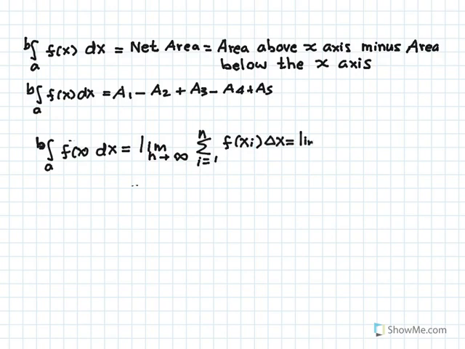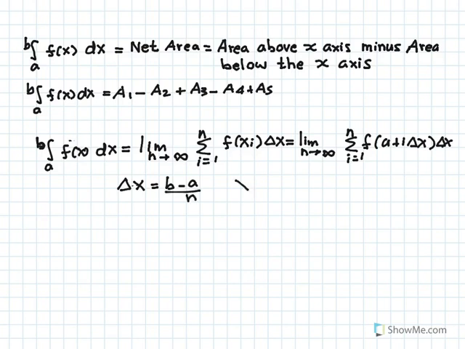That's equal to the limit as n goes to infinity of the sum from i equals 1 to n of f of a plus i delta x, times delta x, where delta x is equal to b minus a over n. Xi, the x values, is a plus i delta x. That's equal to a plus i times b minus a over n.